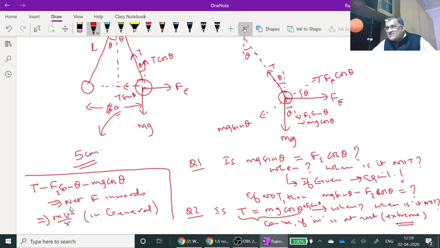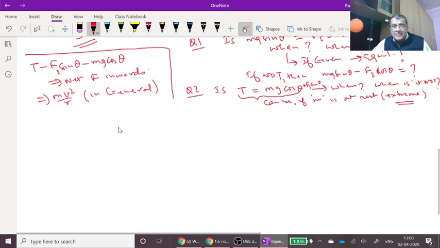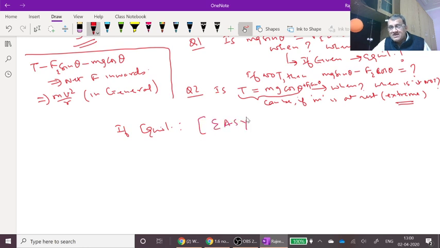After this, the remaining things become simple. If equilibrium is given, then the situation is anyway very simple. Why?